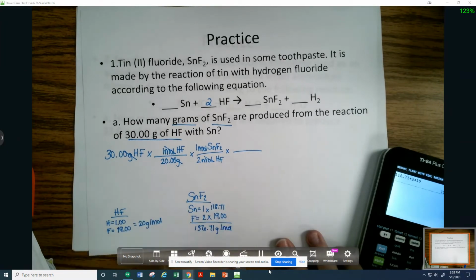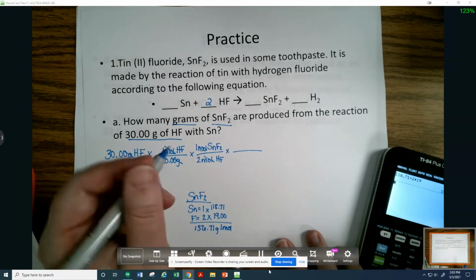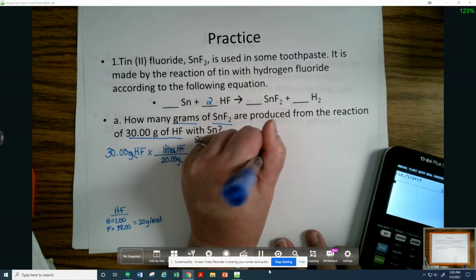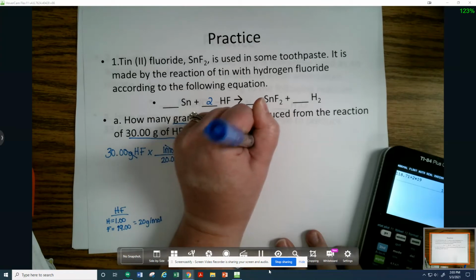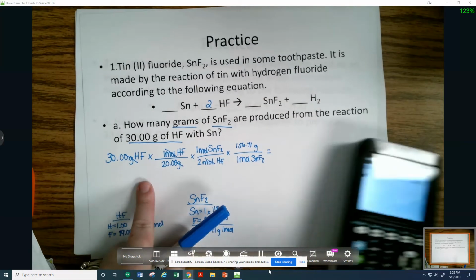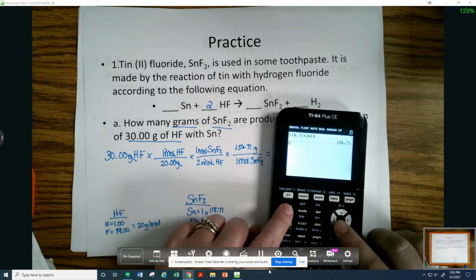So again, looking at this, and that's why units are so important, here we have moles of SnF2. So that means 1 mole is going to go in the denominator, and the mass of 156.71 grams is my numerator. When you go to solve, again, I leapfrog it. So I'm going to take, and let me turn my brightness down so it's a little bit easier to see in the video. There we go.